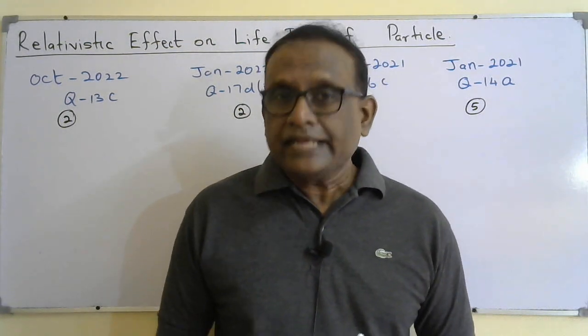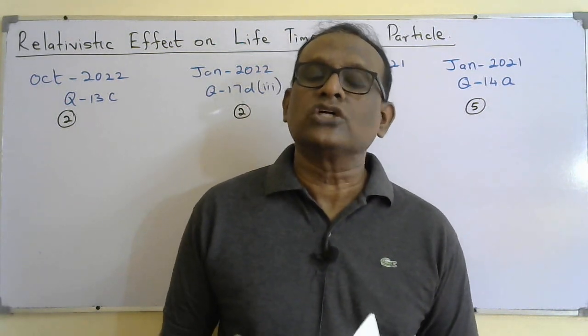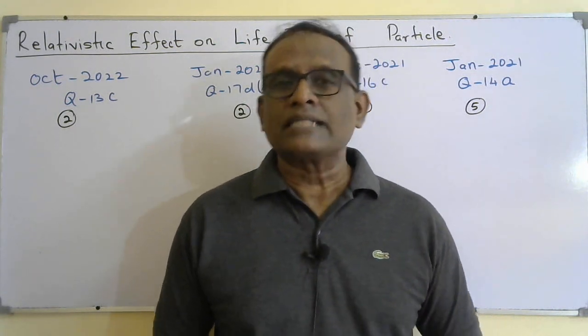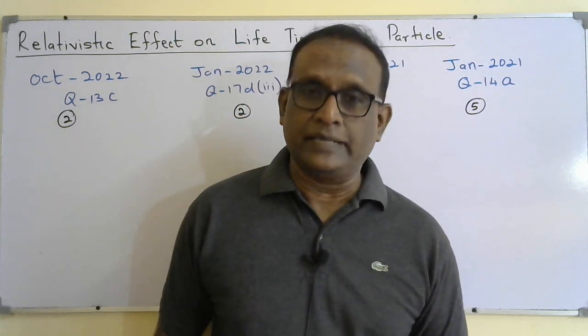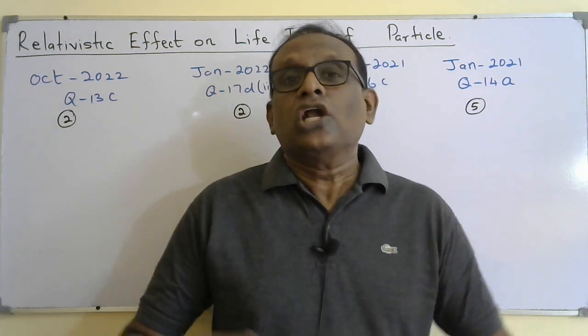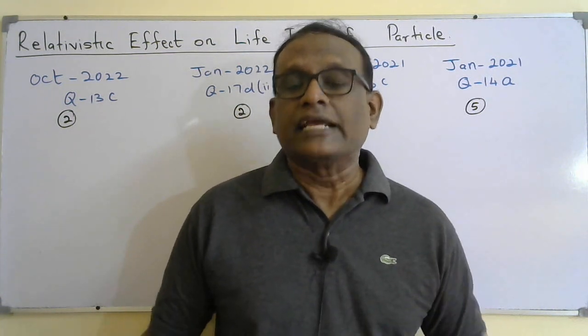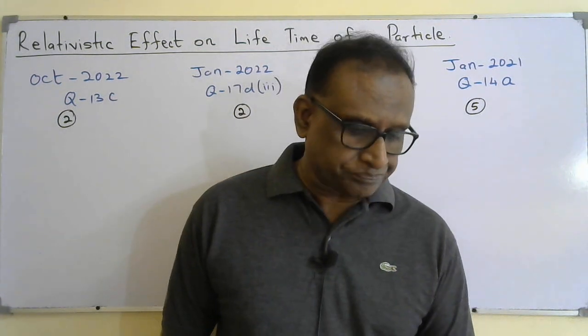But when it moves at higher speed, closer to the speed of light, something like 0.7 or 0.9 times the speed of light, it is able to survive longer. That means its lifetime becomes longer. How is it possible? That's the question.